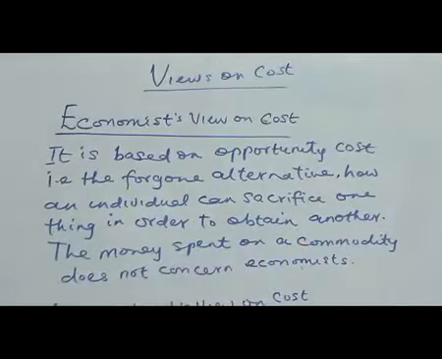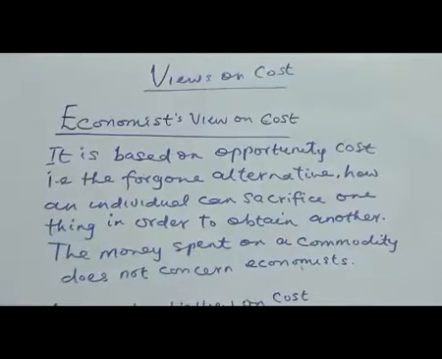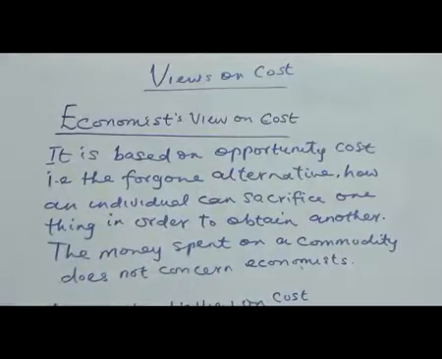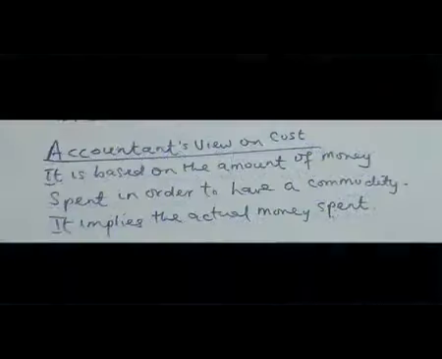So economists are not after the amount you have spent on the commodity or the commodity you have acquired, but they are after the commodities that you left unpurchased. That's what they call opportunity cost. So to them, the amount you spend on the commodity does not bother them. It's not their concern.